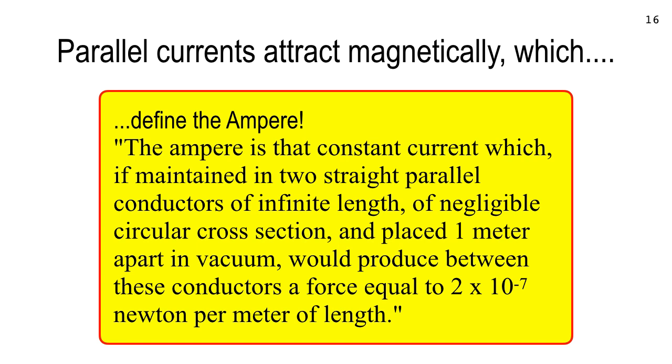So every meter, you're going to get a certain number of newtons of force. And that's how we define the ampere. The coulomb is defined off this, so it's kind of a backdoor way to get to the coulomb.